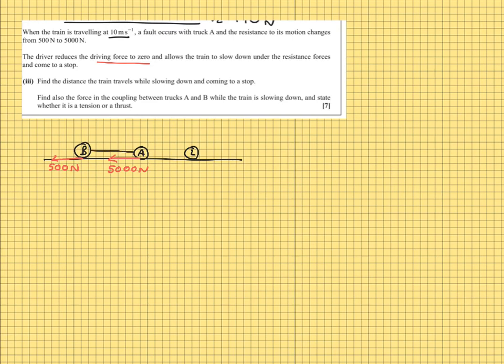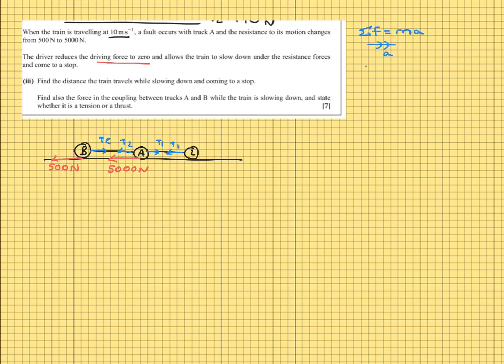So let's join up the objects and mark on T1 in the coupling here and T2 over here, and these are the forces acting. Now we can recalculate using F equals ma the new acceleration.